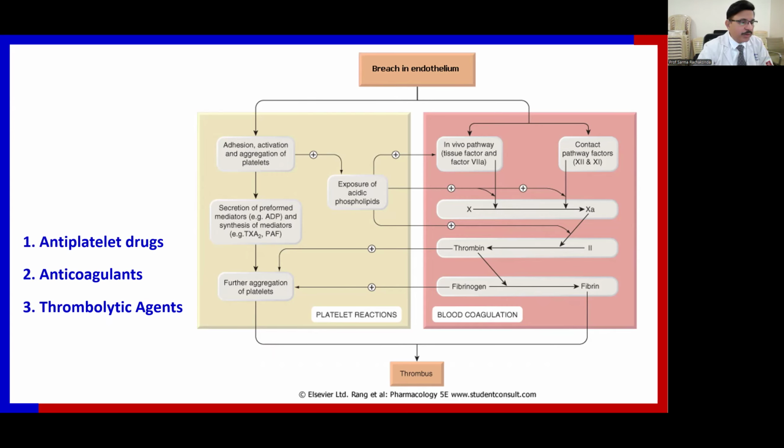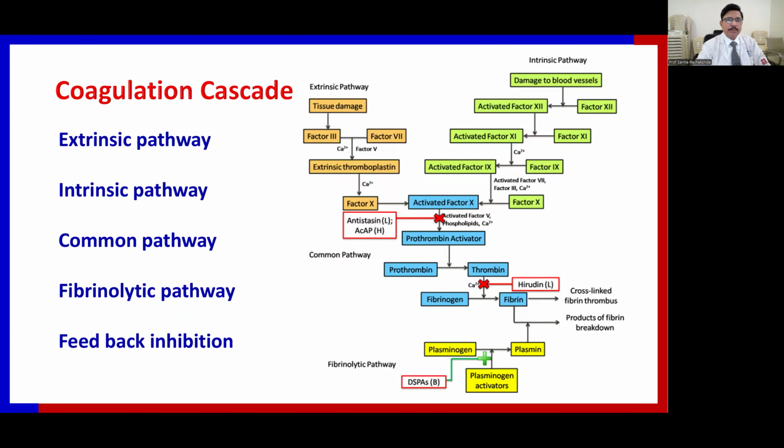Thrombin is the potent feedback inhibitor also. Thrombin is required for clotting, and it is the potent inhibitor of further cascade. So there are 5 mechanisms: extrinsic pathway, intrinsic pathway, common pathway, fibrinolytic pathway, and feedback inhibition.